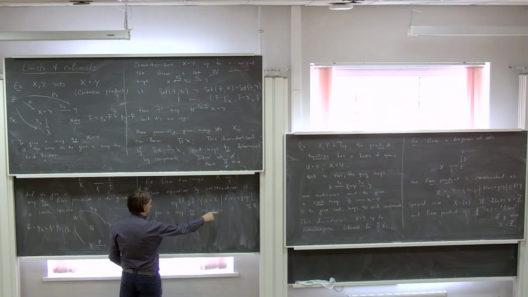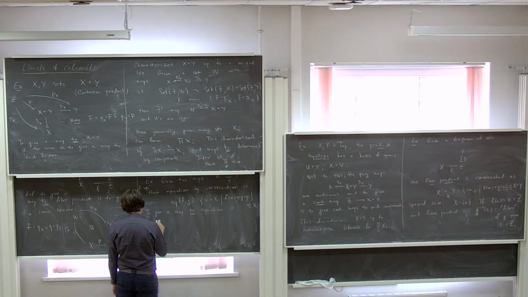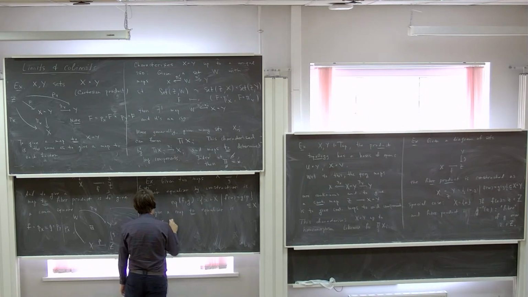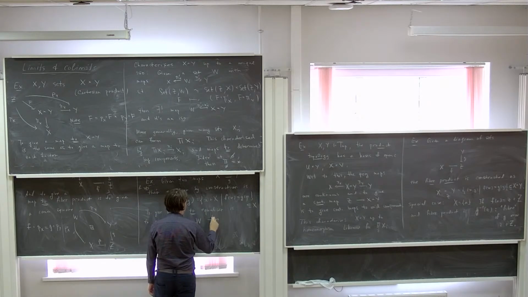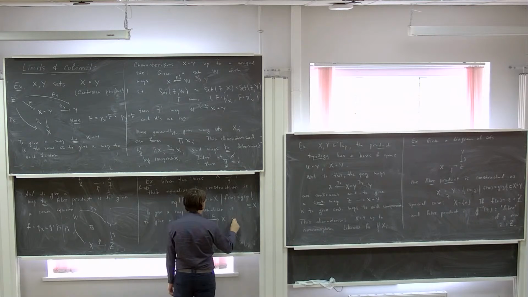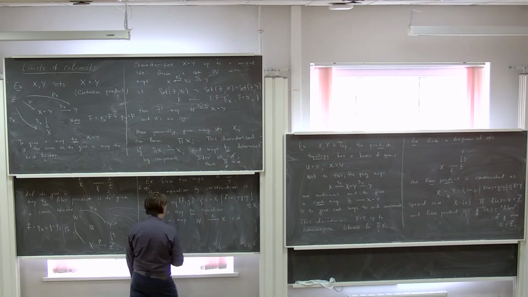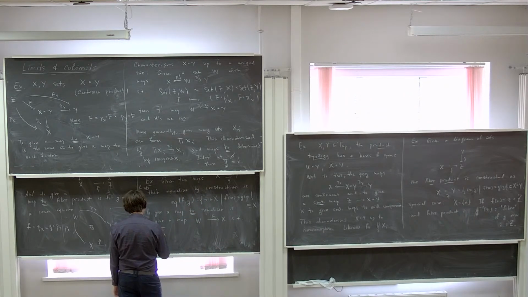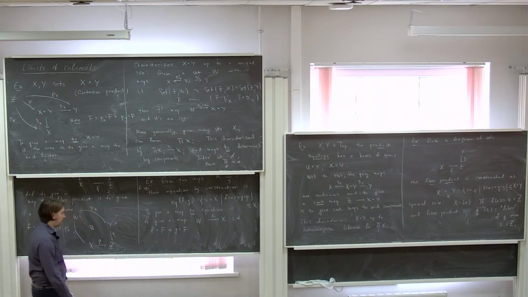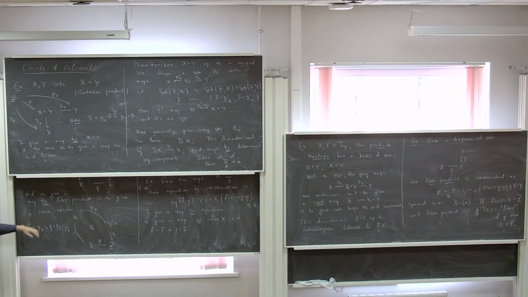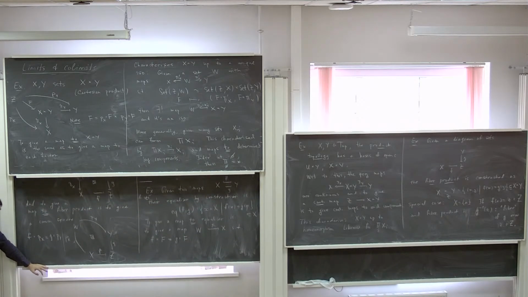So to give a map to the equalizer is to give a map, let's call it big F, to X, such that the two composites are equal. If that's true, then the map W will factor through this subset, the equalizer, and conversely.